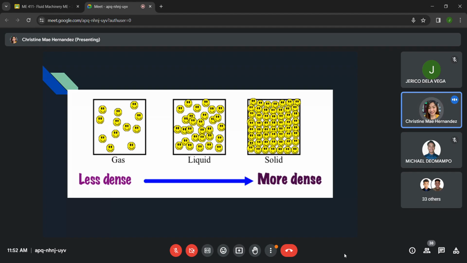Solid state is denser because its molecules or particles are tighter than liquids and gases. So if a fluid is made of heavier atoms or molecules, or the particles are packed more closely together, then it's going to have a higher density. Meaning pag ang ating molecules ay nakapack together or tighter, mas mataas yung kanyang density.